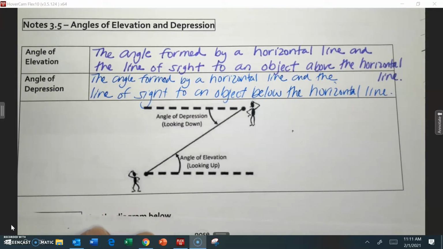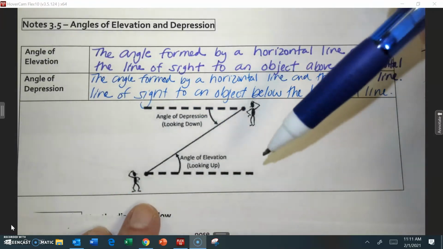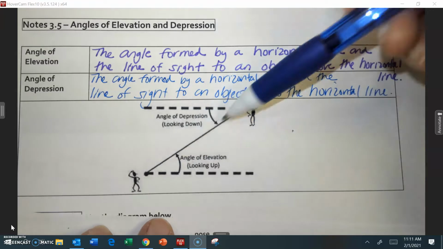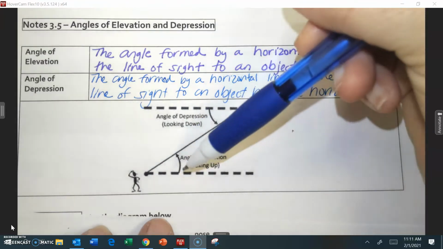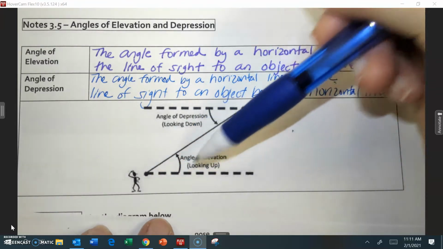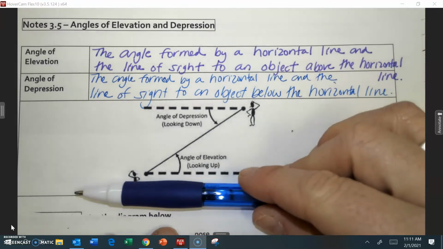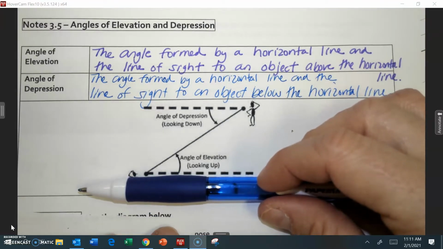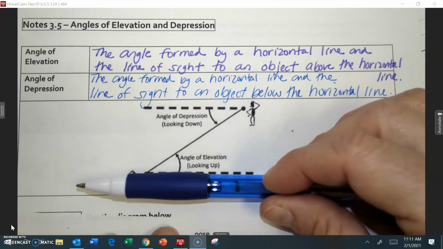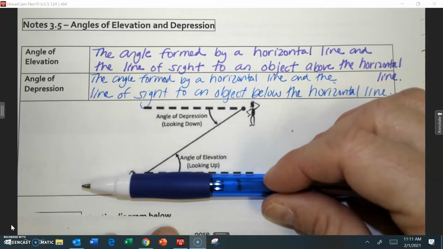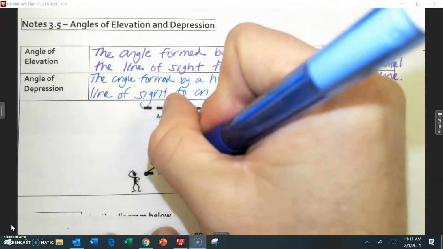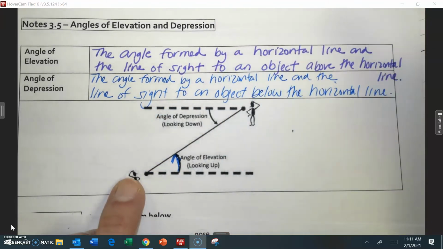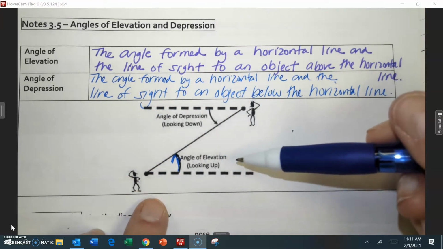So an angle of elevation and an angle of depression is basically thinking about if you were standing, let's say, on the ground, and you were looking up at a plane in the sky. The angle that is formed by this horizontal line, which obviously these lines are imaginary, we don't see this, so it could be the grass, it could be the concrete, whatever, but it's slope of 0, horizontal, and this angle that's formed from your eyes looking up is called your angle of elevation.